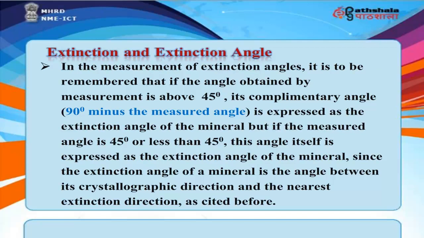In the measurement of extinction angles, it is to be remembered that if the angle obtained by measurement is above 45 degrees, its complementary angle, 90 degrees minus the measured angle, is expressed as the extinction angle of the mineral. But if the measured angle is 45 degrees or less, this angle itself is expressed as the extinction angle of the mineral, since the extinction angle of a mineral is the angle between its crystallographic direction and the nearest extinction direction, as cited before.